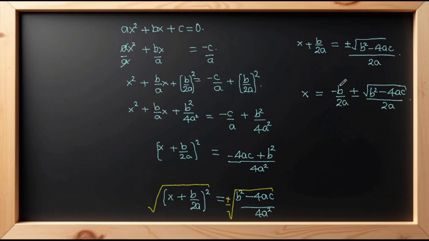The first term is negative b over 2a, and the second term is this component. Since the denominators are the same, we can combine them together, and we have negative b plus or minus the square root of b squared minus 4ac, all over 2a.